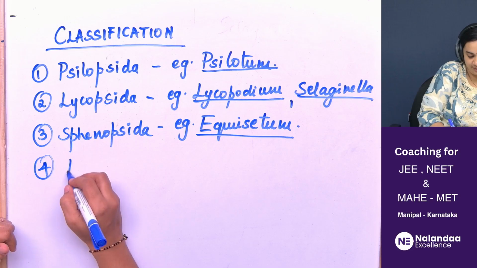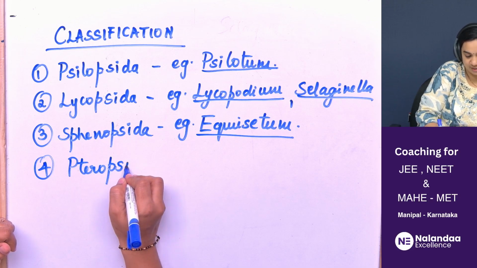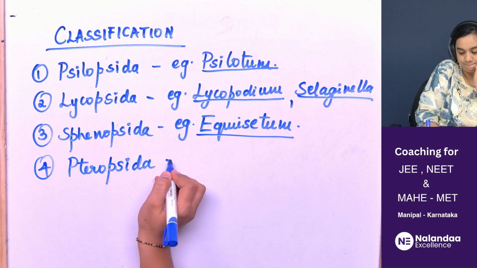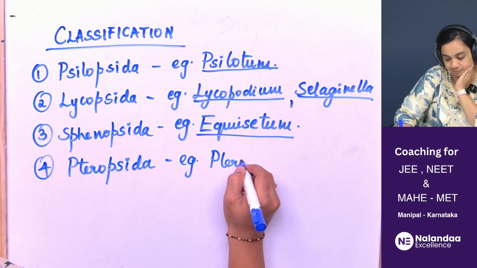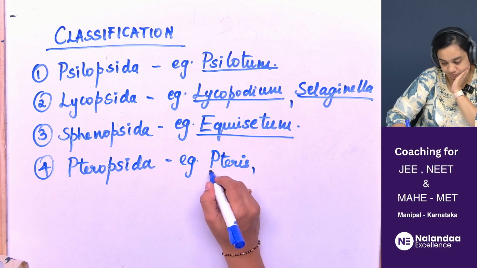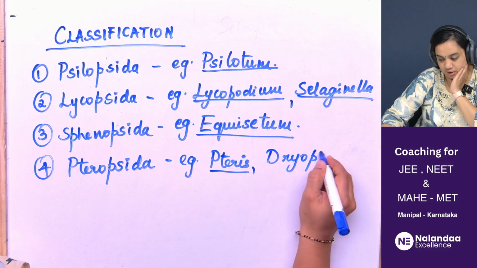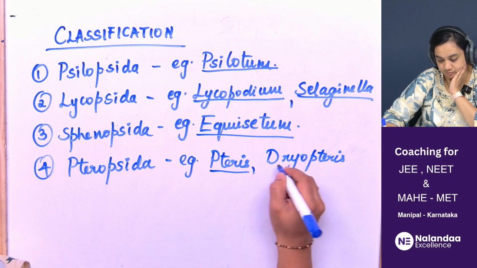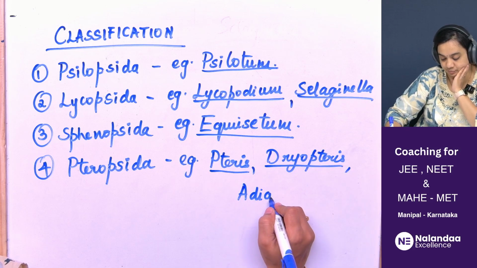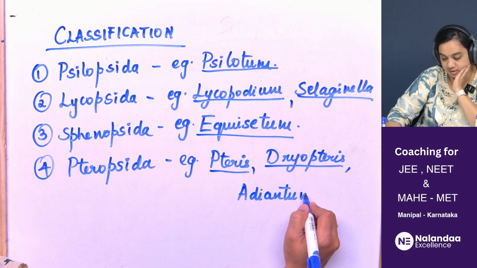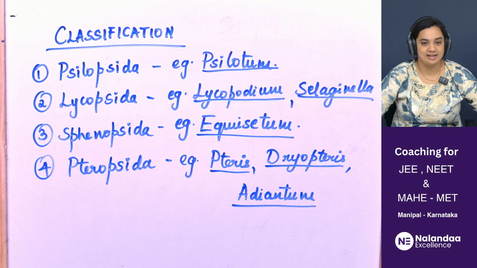And then finally, Pteropsida. Example, Pteris, Bryopteris, and Adiantum. So these are different examples of pteridophytes that belong to different classes.